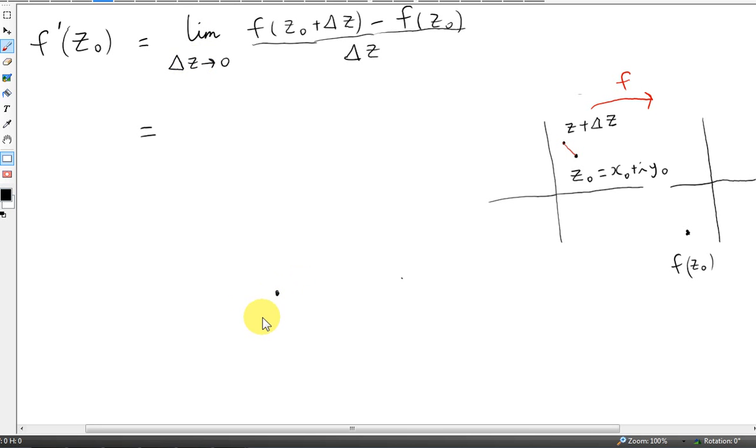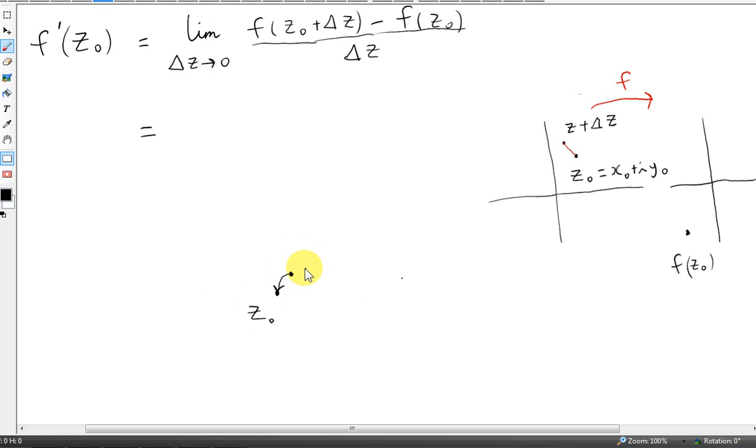Unlike the case of a function of a real variable, where we only have two directions to consider, either taking the limit from the left or the right, we can approach z0 from any direction and along any path. It doesn't have to be a straight line path. For example, we could approach z0 from this point.